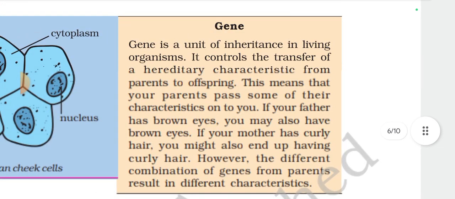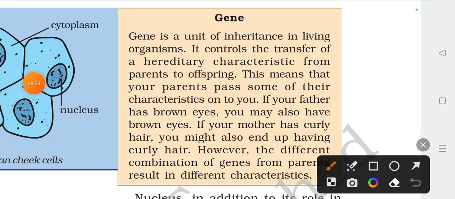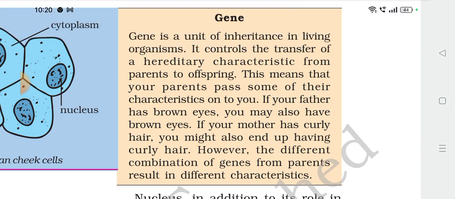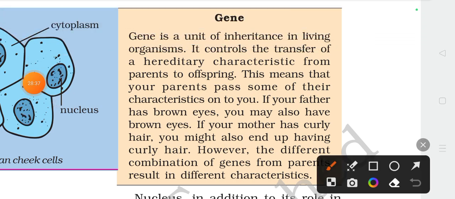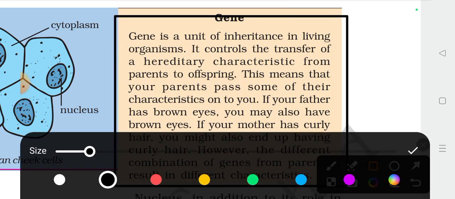So this particular part, the gene. DNA contains genes. We all know that DNA contains genes. So what is the use of this gene? Let us understand by the following.